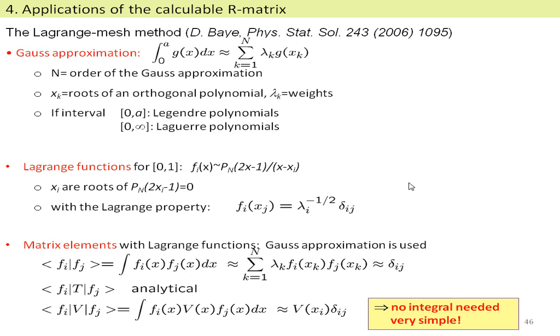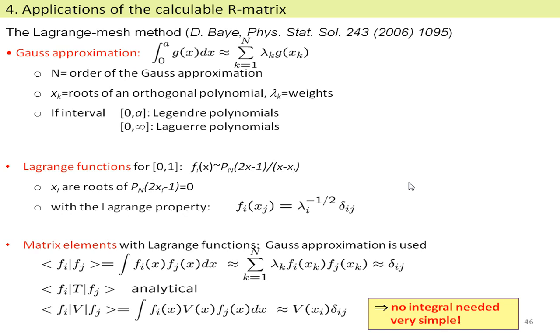For the kinetic energy, here you have some analytical calculation to do, but you have to do it once. So anytime you change the potential, the kinetic energy is, of course, the same. And the nice thing is for the potential, because if you look at the matrix element of the potential, you simply write the exact definition of this matrix element.